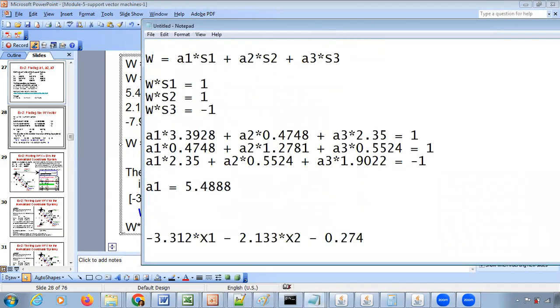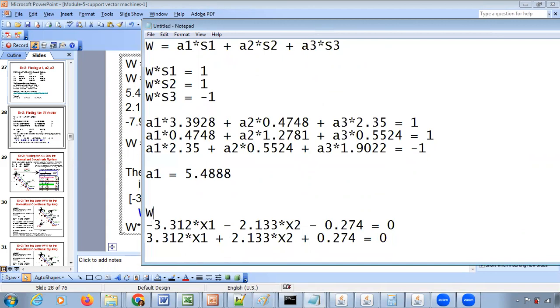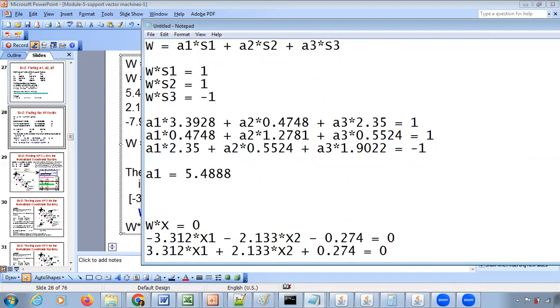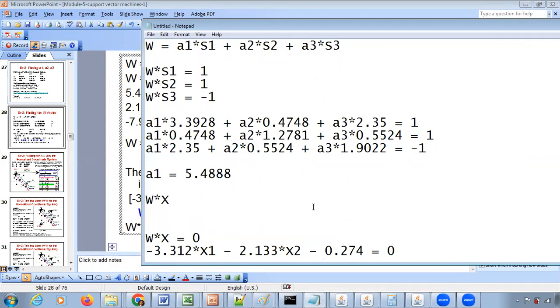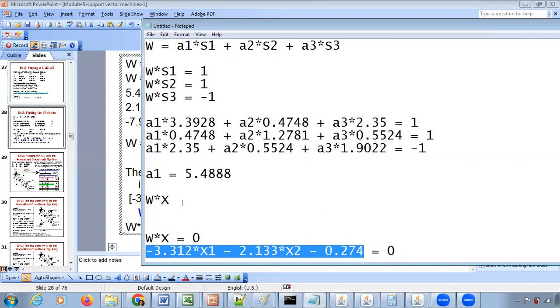Now for math purposes, we can divide everything by negative 1 on both sides and say this is now all positive, plus 0.274 equals 0. This is fine as long as you're working with W times X equals 0. But if you're working with this W times X, use the sign as it is that we got for W times X. Okay, so that's very important. I'm emphasizing that.